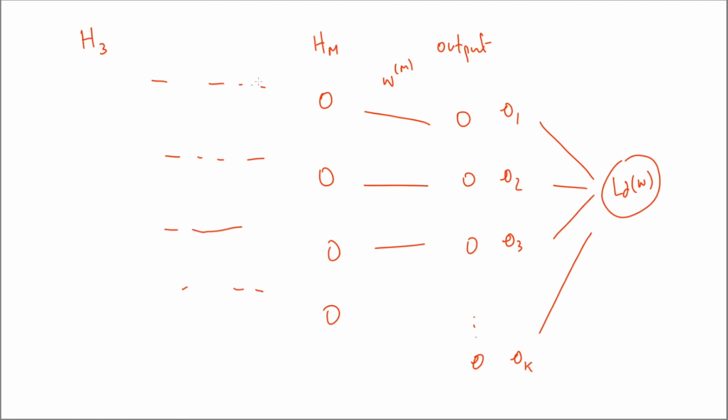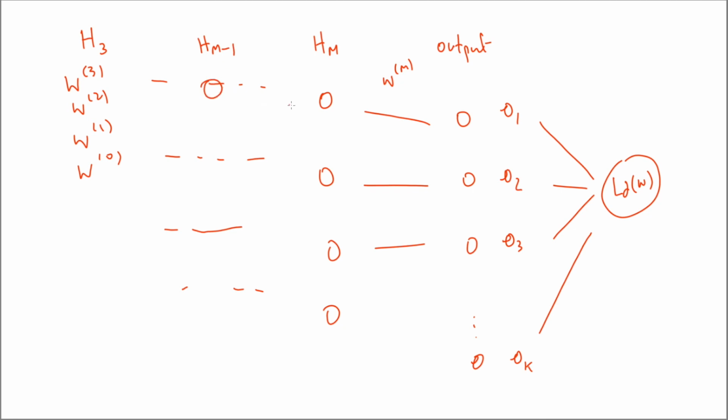There's a bunch of hidden layers, and we start looking at the weights W3 or W2 or W1 or W0, any weights really prior to the output weights. These are called the hidden layer weights. The reason this is more difficult is because the connection to the loss function is going to be more complicated.